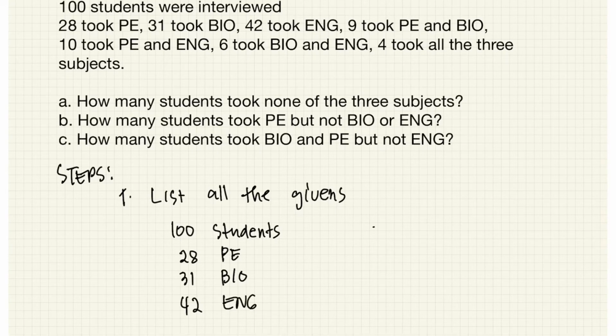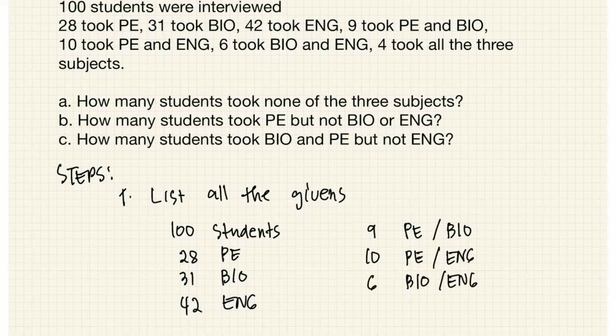Next there are 9 who studied PE and biology, and there are 10 who took PE and English, and there are 6 who took biology and English, and 4 who took all of the subjects.